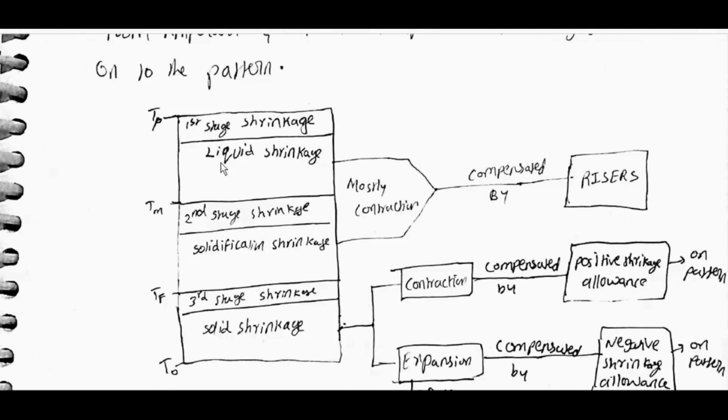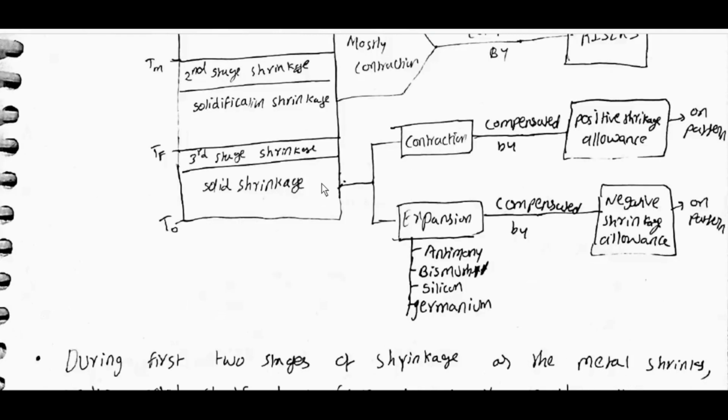First stage liquid shrinkage, second stage from Tm to Tf solidification shrinkage, third stage solid shrinkage. These two are mostly compensated by risers. Solid shrinkage is compensated by a positive shrinkage allowance on the pattern.